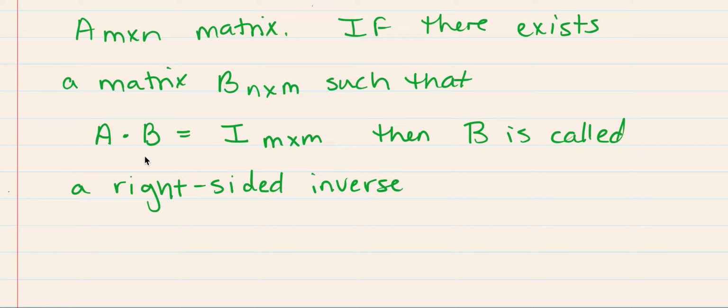It's like you have half of what you need. You found a matrix B where A times B gives you the identity.